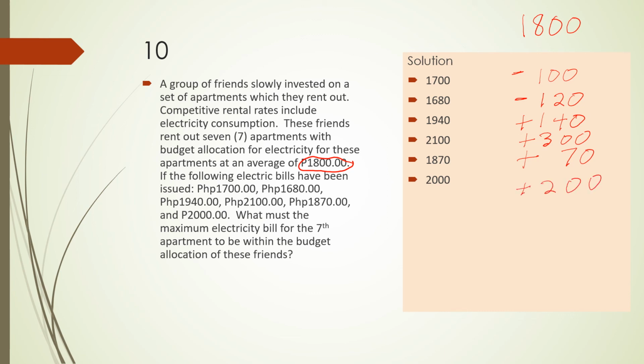So we are asked what must be the maximum electricity bill for the last apartment. So our reference in here for the last apartment will be 1,800, and we need to offset everything in there.